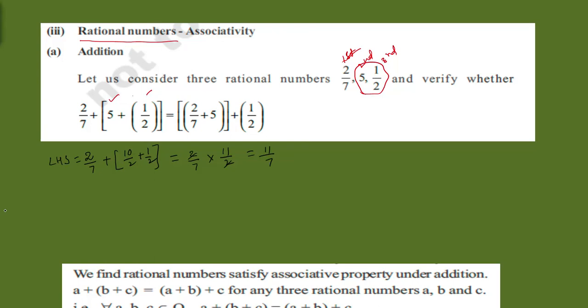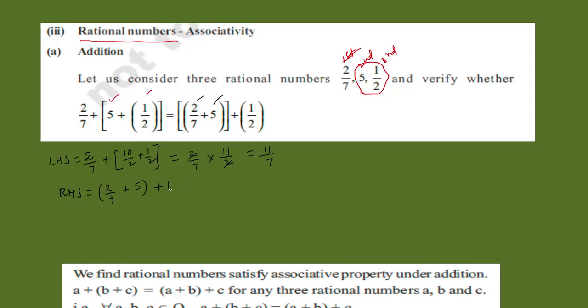In the same manner, you may do the RHS also. What is first in the bracket? 2 by 7 and 5. That means here we add the first and second numbers first, that is 2 by 7 plus 5.